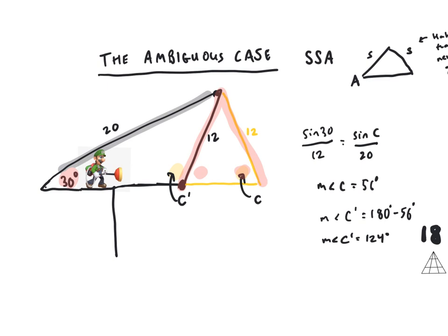Once I have two, the 30 degrees and the 56 degrees, or the 30 degrees and the 124, I have enough information to find the third angle, and then I have enough information to find the third side. However, my preference is not to solve these problems with the law of sines at all. I often prefer to solve them with the law of cosines. So I'm going to back up a few steps and show you how that would be done.